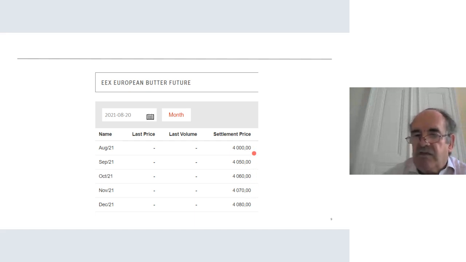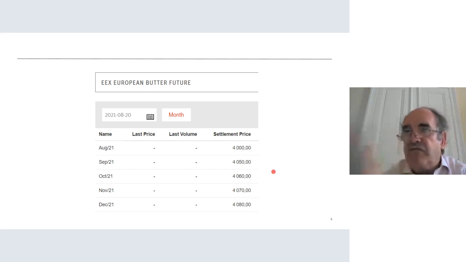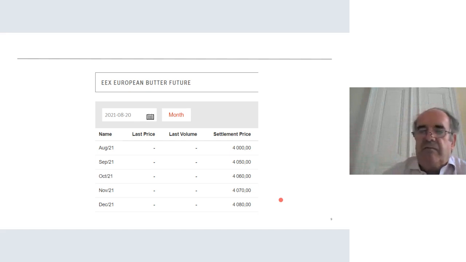So you can deduce that the difference between two expiration dates is normally roughly interest rate plus cost of carrying butter. But you cannot buy butter over a longer horizon because butter cannot be stored in good conditions for a long time.